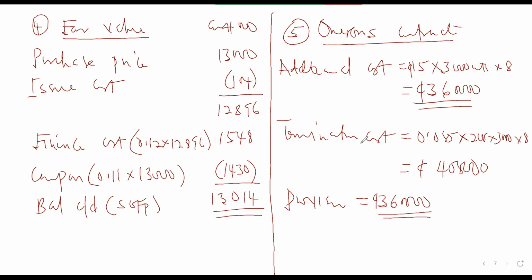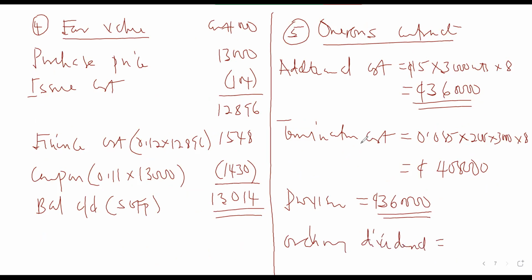But the total dividend paid is what? It's 4.2 million. So it means that there is ordinary dividend included in this particular figure. Am I correct? Yes, sir. So let's determine the ordinary dividends.